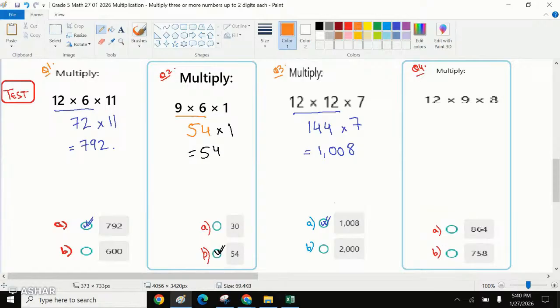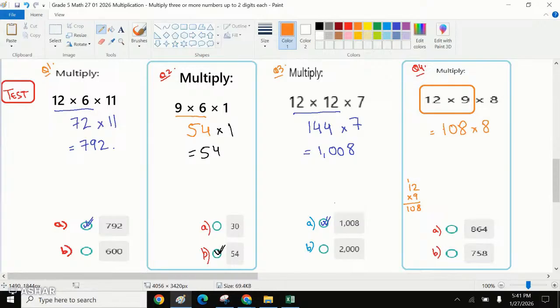We can multiply 12 multiplied by 9. 9 times 2 is 18. 108. We can say 108 was being multiplied by 8. So what should be the answer? Grace, what should be the answer when 108 is multiplied by 8?